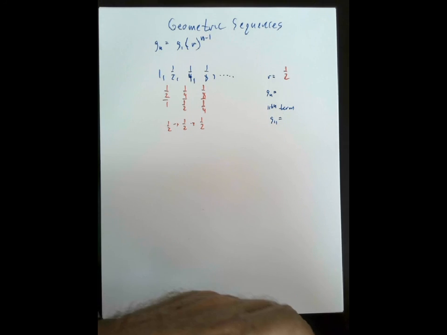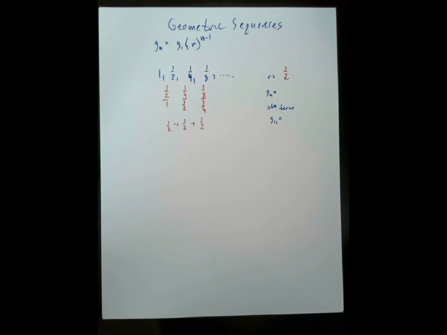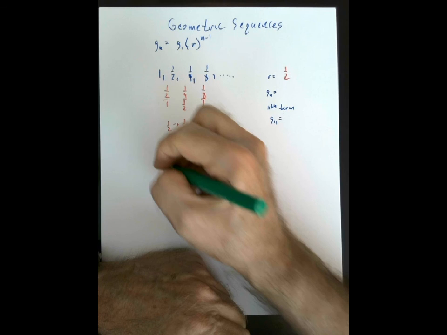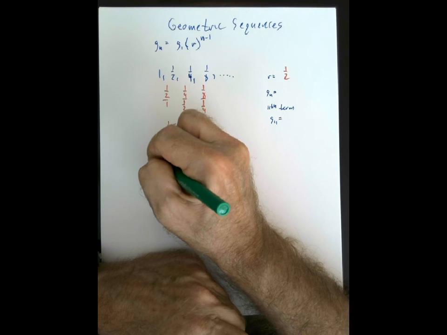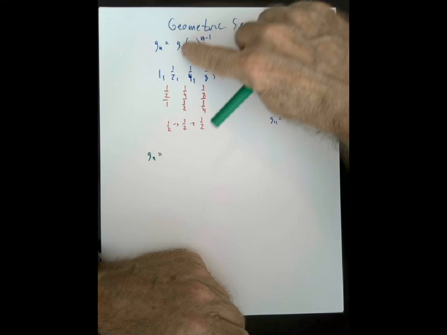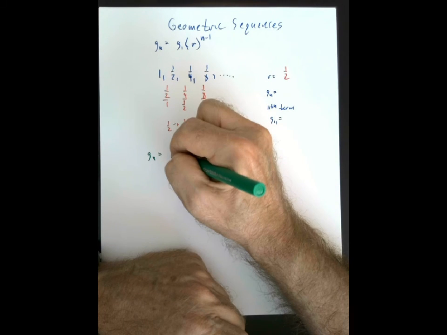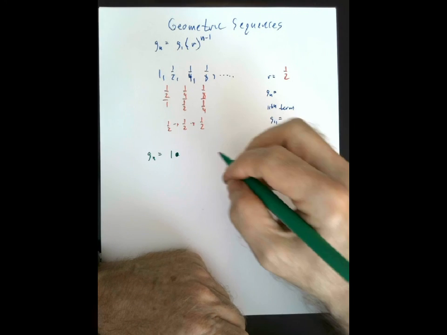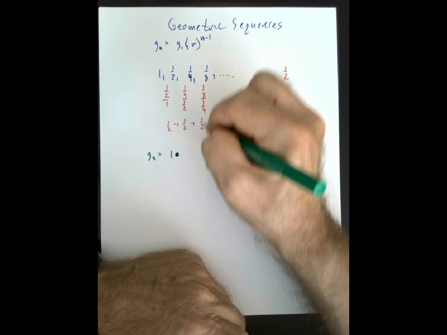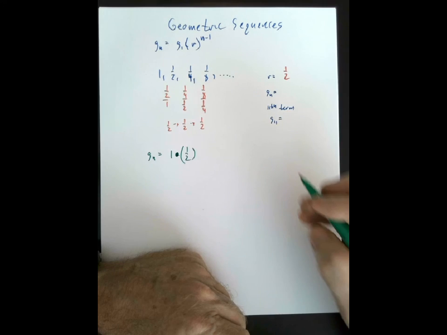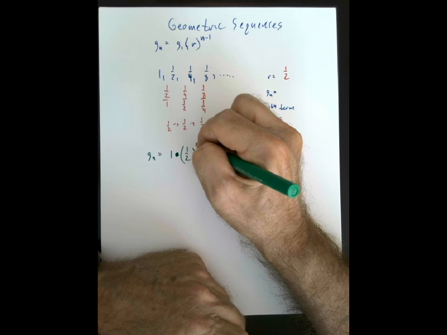So therefore, getting the equation, G sub n, G sub 1 times r, the common ratio, 1/2, to the n minus 1.